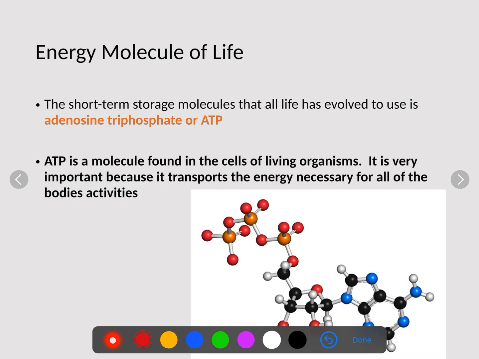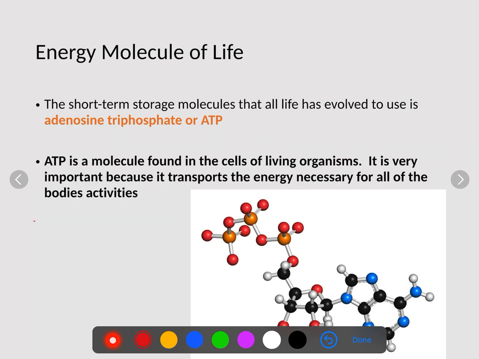Now, going back to this topic, ATP, or adenosine triphosphate, is vital for life. ATP is the molecule found in cells of living organisms. It is very important because it transports energy necessary for all of the body's activities.